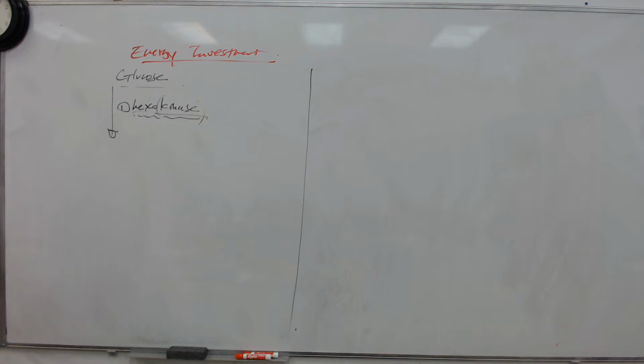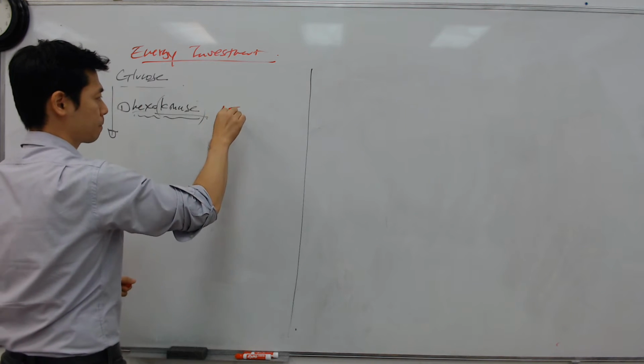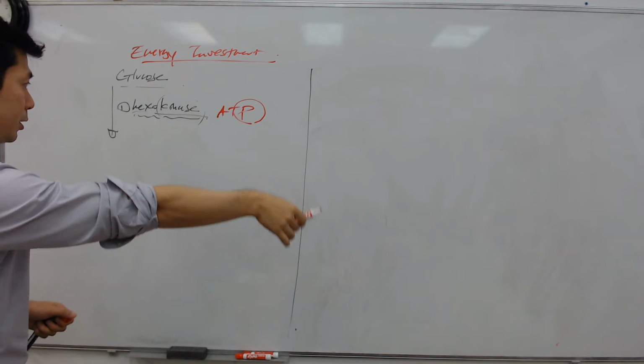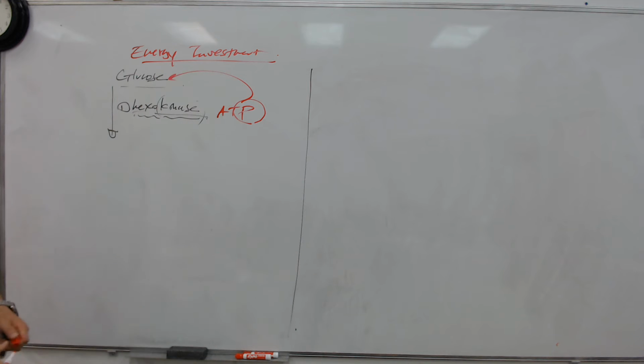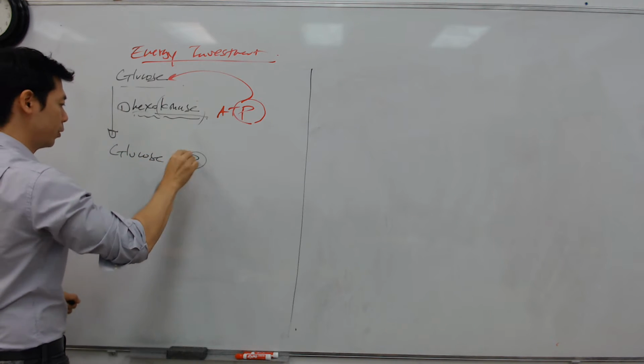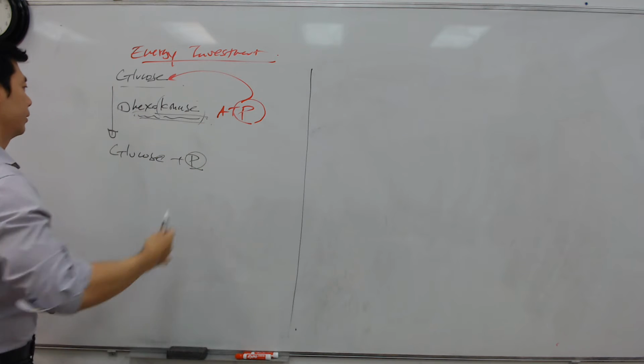So basically what happens is hexokinase takes one of the phosphate groups from ATP and puts it onto glucose, which turns it into glucose with a phosphate. Now glucose has a phosphate group on it because of the kinase.